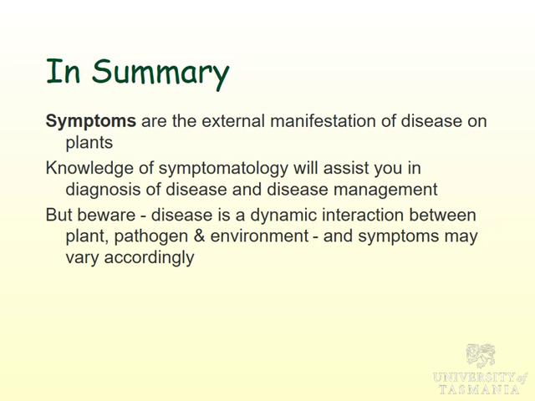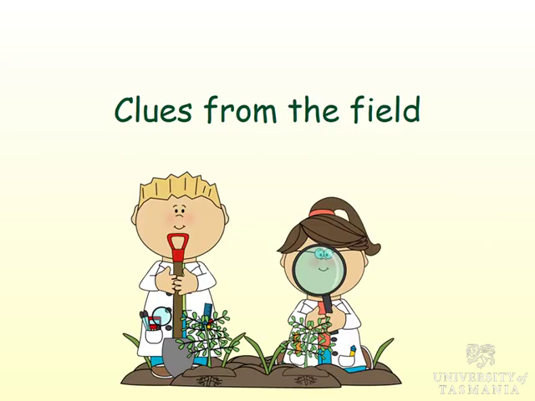So variation in your pathogen may vary the type of symptom you get. Variation in your host might vary the interaction between the pathogen and host, and therefore the type of symptom you get. And of course, environmental factors and time will also vary the potential severity of the disease. So all of those factors become important when you're considering your observations of symptomology.